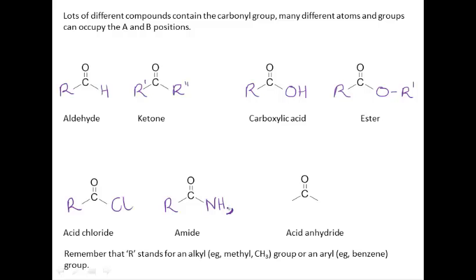And then an acid anhydride has an R group, carbonyl group, another oxygen, another carbonyl, and then another R group. Remember that R can stand for alkyl or aryl.